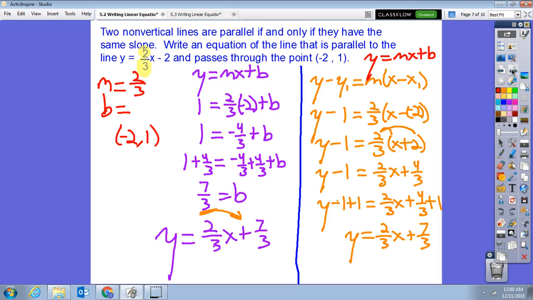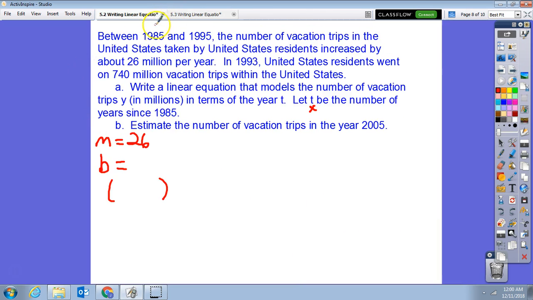So, since 1985 is the beginning year, 1993 is how many years later? 8 years later. 740 million trips. Notice because I'm using 1985 as the beginning, I don't actually have to plug in 1993 right here. Technically I could, but that would be making the year 0 before there was even a United States, in case you're up on your history.